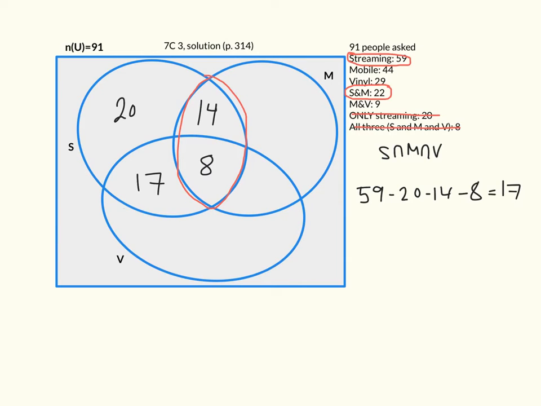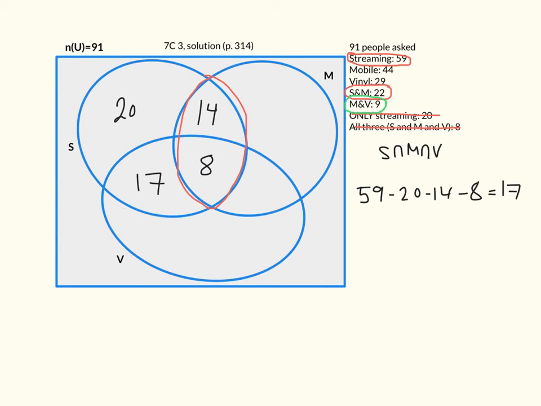Now, you always want to start with the intersections. So the intersection between mobile and vinyl, we know that the size of that is 9. So the size of this area is 9 minus 8, sorry.